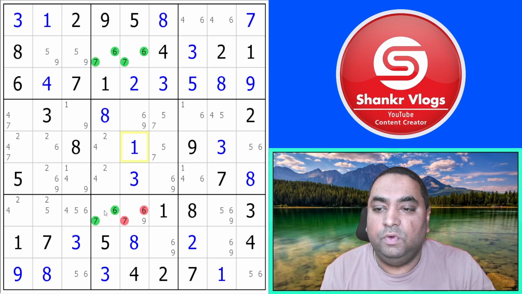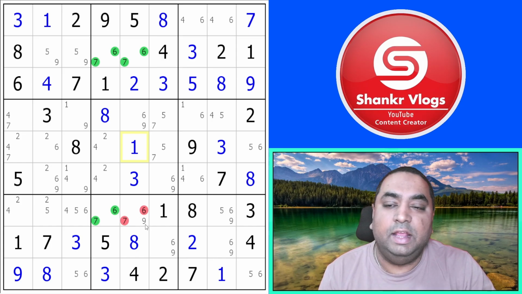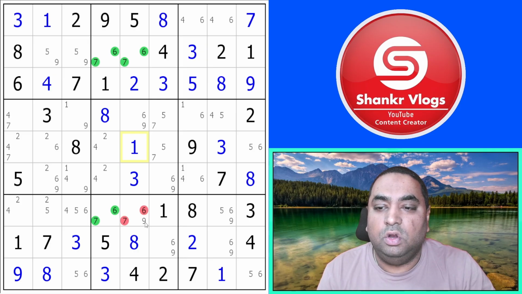Now we look at the fourth cell. In the fourth cell, 9 is an additional candidate. To eliminate candidates, we remove 6 and 7 from the fourth cell, so the solution is only 9. In this way, we are able to solve unique rectangle type 1.